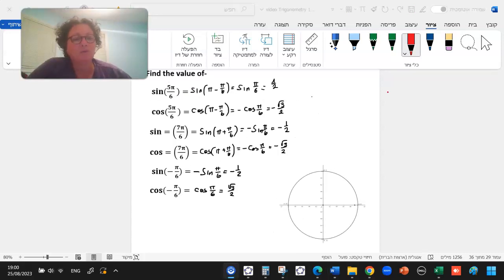On the circle, we can see that given the sine and cosine of one value in the first quadrant, pi over 6 or 30 degrees, we can find the sine and cosine of 3 other values in the 3 other quadrants.